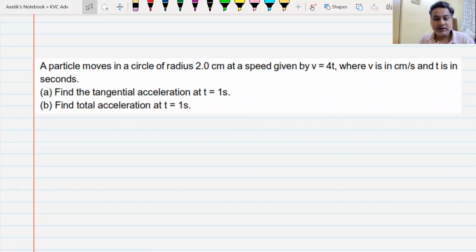A particle moves in a circle of radius 2 centimeters at a speed given by v equal to 4t, where v is in centimeters per second and t is in seconds. You can give your answer in centimeters per second. You don't need to convert it, because I also have the answer in centimeter per second. Find the tangential acceleration, and find the total acceleration at 1 second.